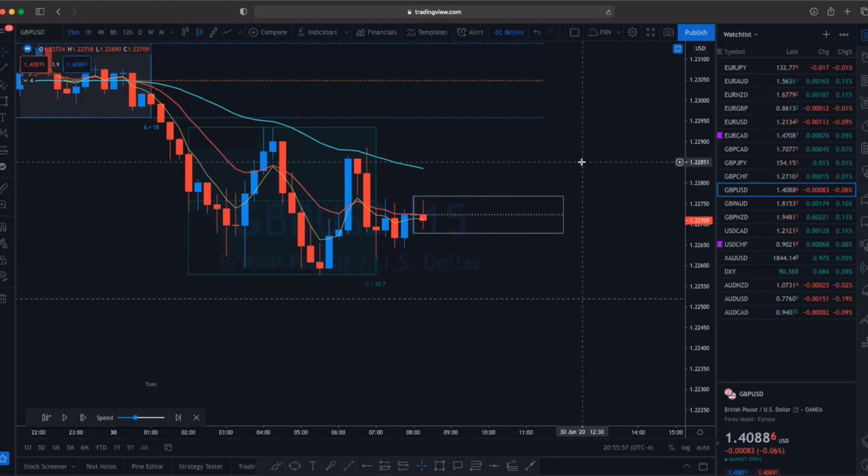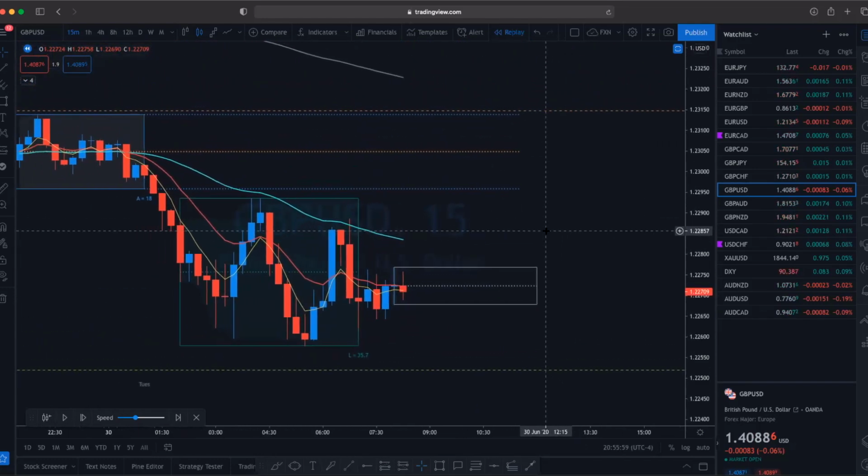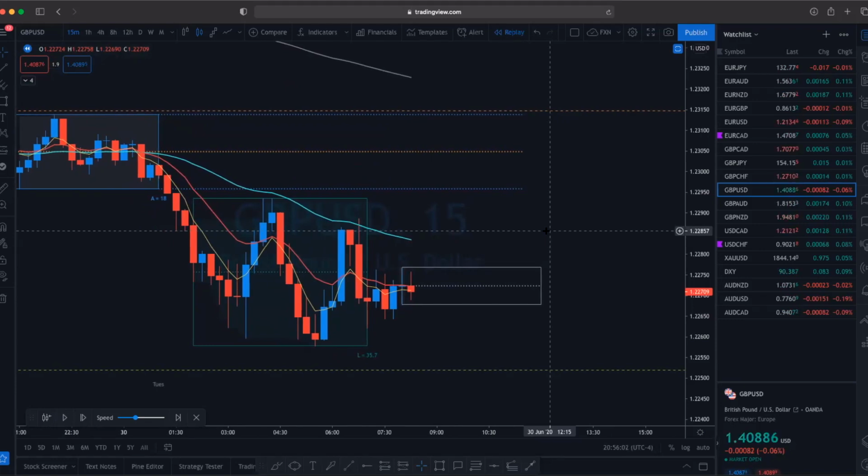And if I look at that railway track forming there, it's outside the London. So if I'm getting close to taking the trade long here, I want some confirmation that the cross will happen in the US session.